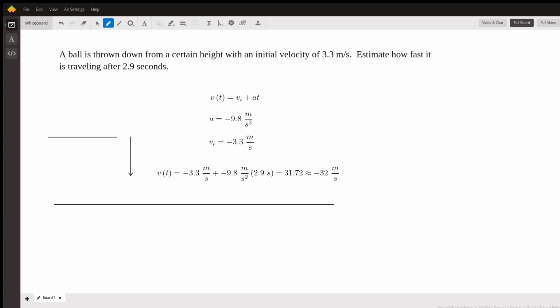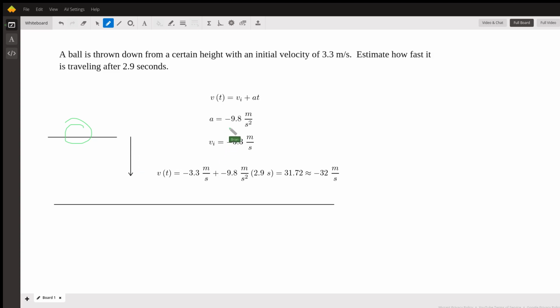if we were starting at this part as the reference point, this height, and throwing it down, it's customary to use a negative sign for velocity heading in the down direction from the reference point.